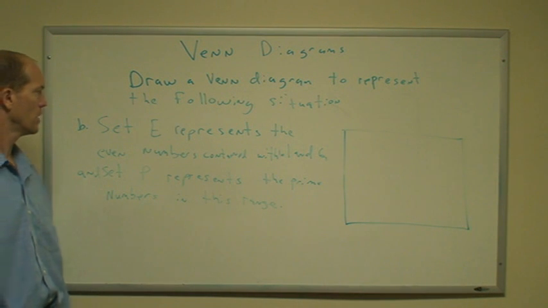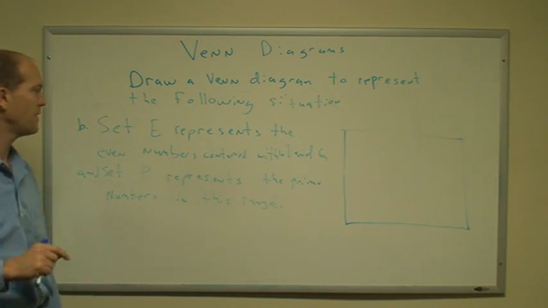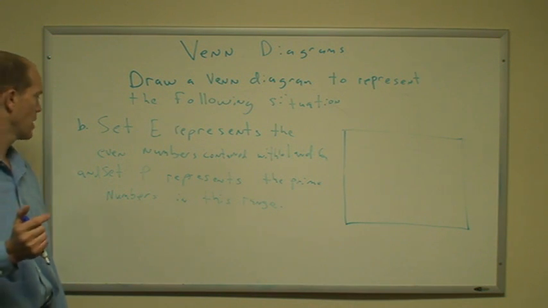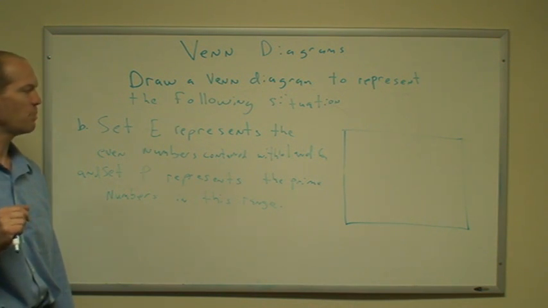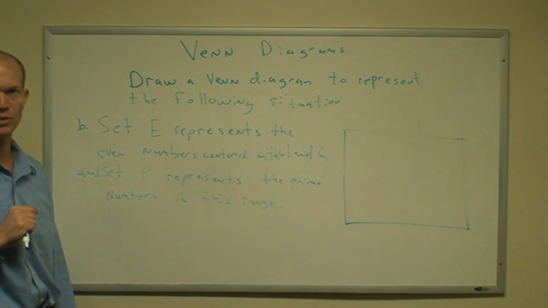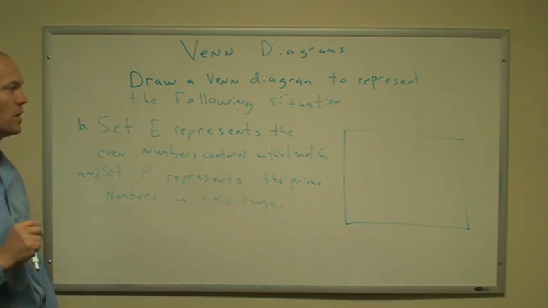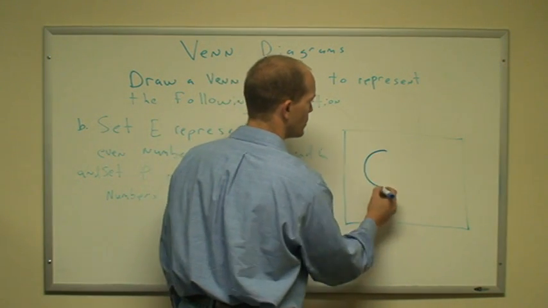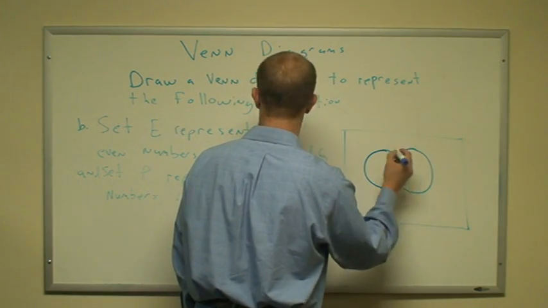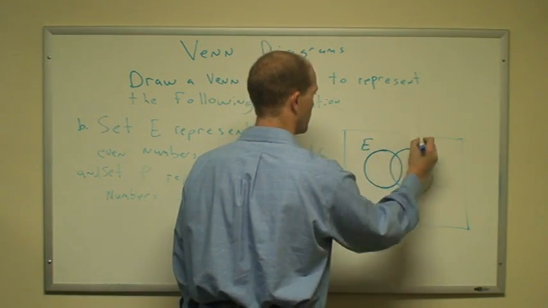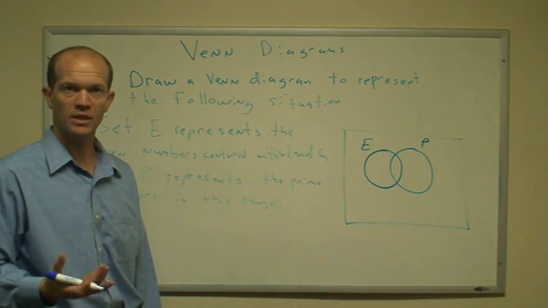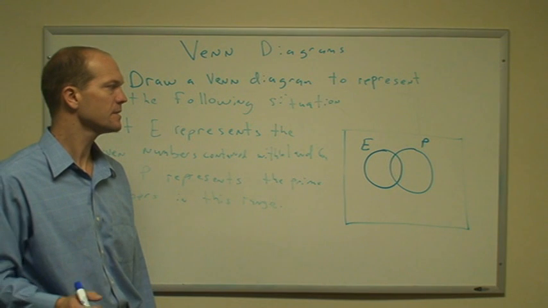In B, we're told the set E represents the even numbers contained within 1 and 6, that is between 1 and 6, including 1 and 6. And set P represents the prime numbers within that range, from 1 to 6. Recognizing that there's some overlap between those 2 sets, let me draw this as E and P. The universal set here is somewhat implicitly the numbers between 1 and 6.